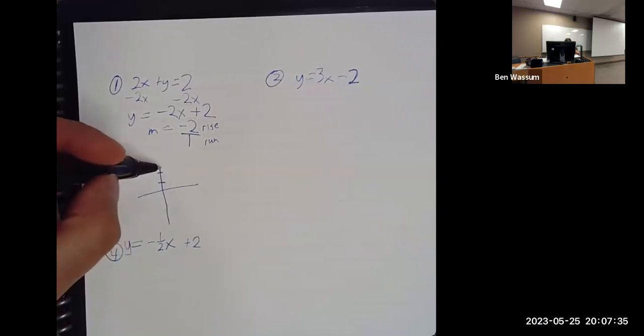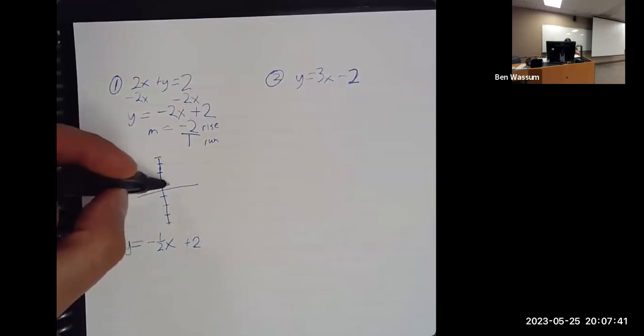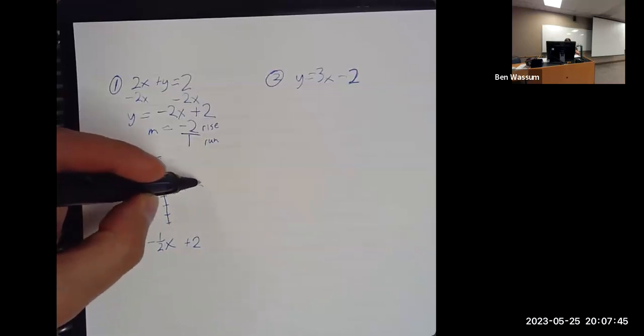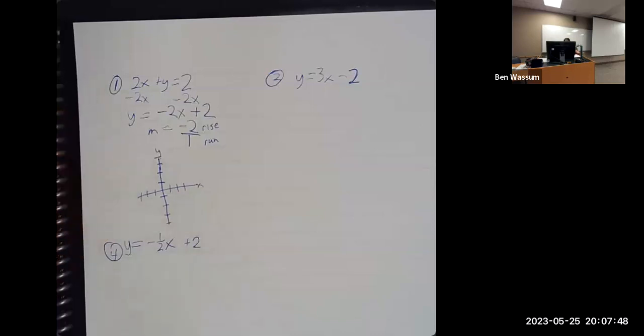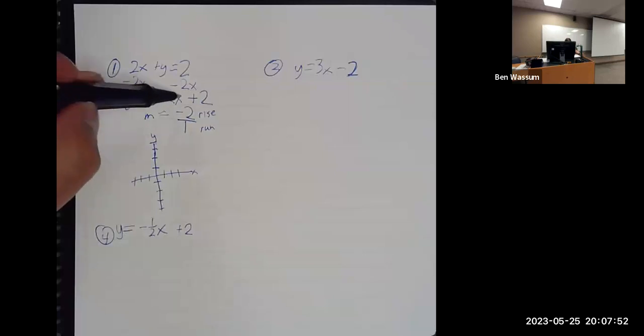This is going to be one of the worst graphs you ever see from me. Graphing this, what we do is we find our y-intercept, which is this +2 right here.